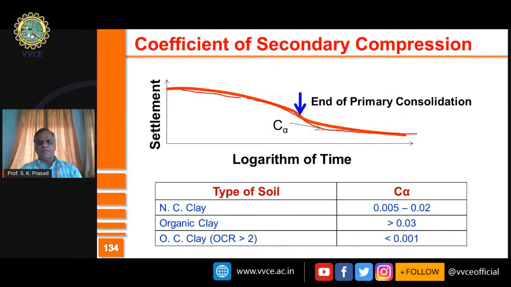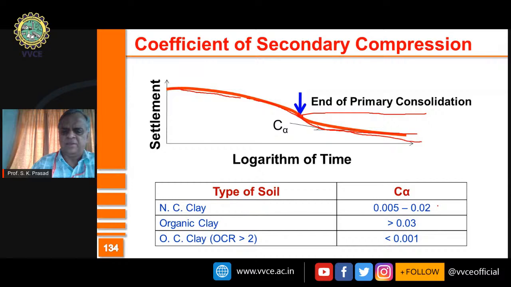So this point is the end of consolidation. Secondary settlement will start only from there, and not in all soils. You will see the settlement happening further with increase in time. In the majority of cases, the graph becomes horizontal, indicating that there is no secondary settlement.